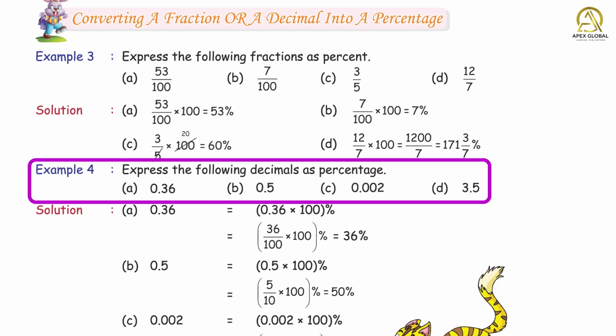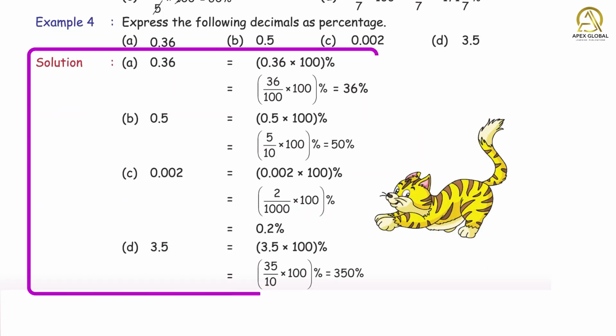Example 4. Express the following decimals as percentage: A 0.36, B 0.5, C 0.002, D 3.5. Solution: A 0.36 is equal to 0.36 into 100%, 36 upon 100 into 100% is equal to 36%.